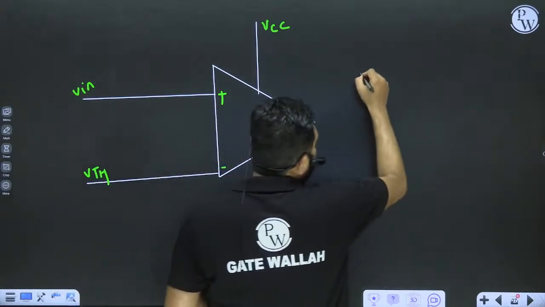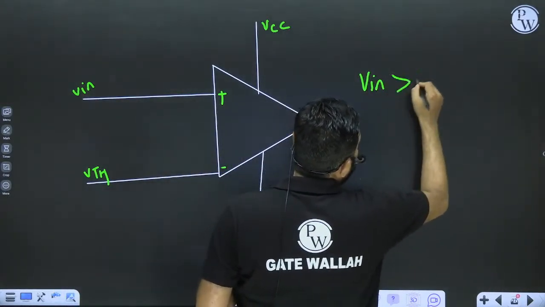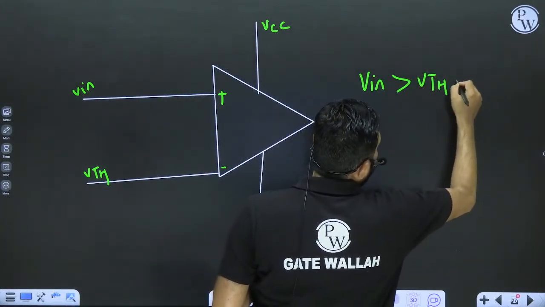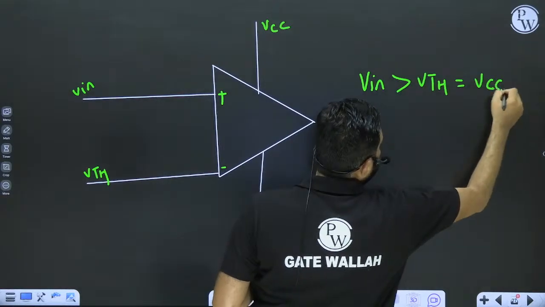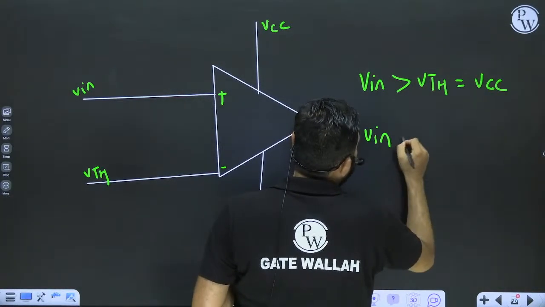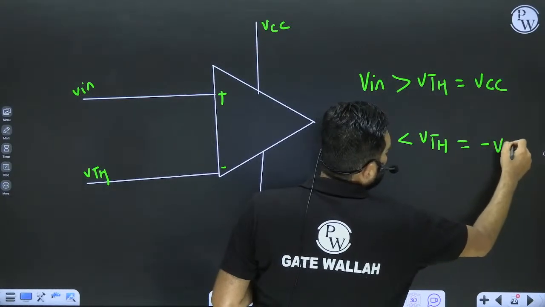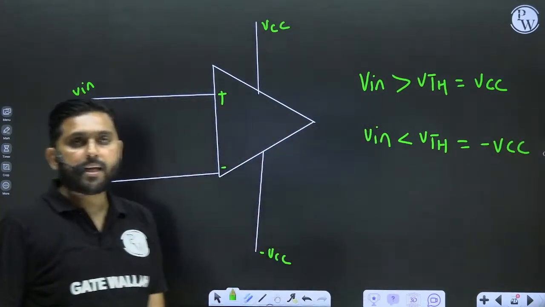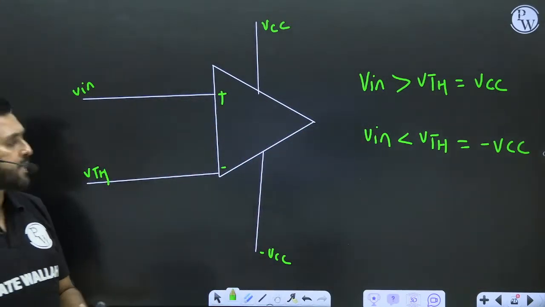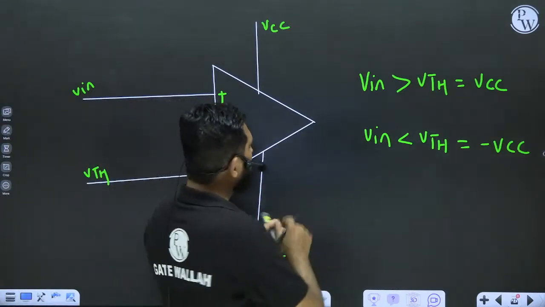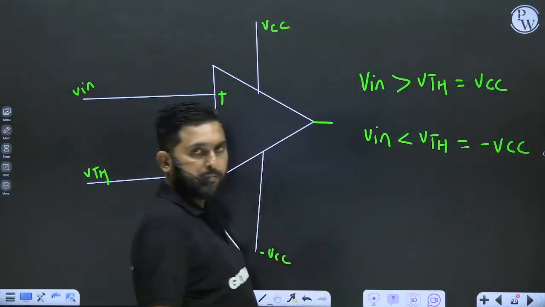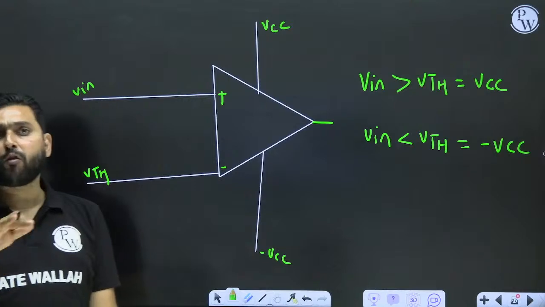So when V in is greater than VTH, you have VCC. When V in is less than VTH, it is minus VCC. And when V in is equal to VTH, it is a threshold. It will maintain the threshold level. It will float the output.